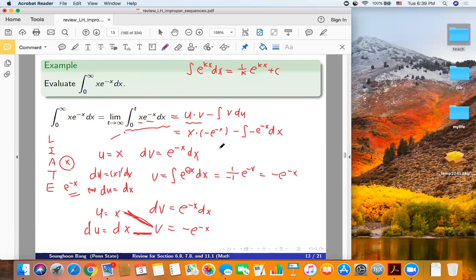So simplify. This is the same as negative x times e to the minus x. You can change the sign to positive, plus the integral of e to the minus x dx. Right? I missed one thing.